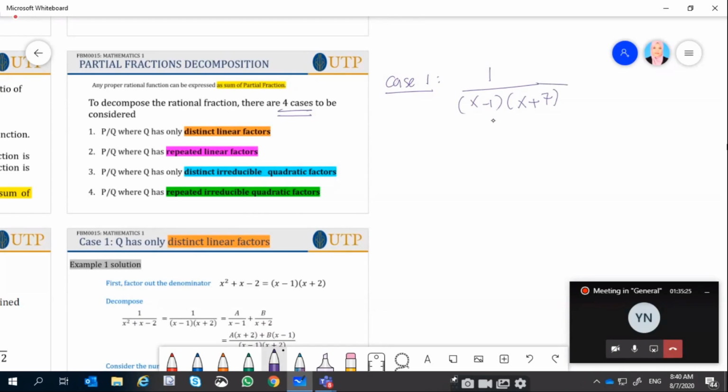Case 2 is repeated linear factors, for example, s plus 1, s plus 1, or you can also write it in exponential form, power of 2.